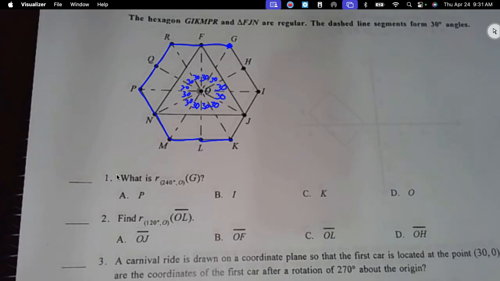This one says start at L. I know it says OL, but OL means start right here. It's the exact same thing. They just called it that line instead of L. Think of a Ferris wheel: instead of counting the baskets, this one you're counting the bars. It's the same thing.